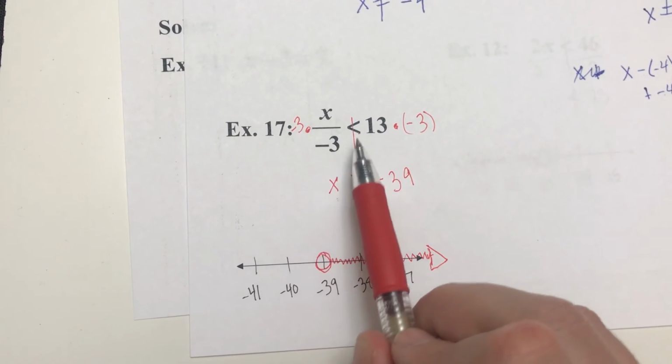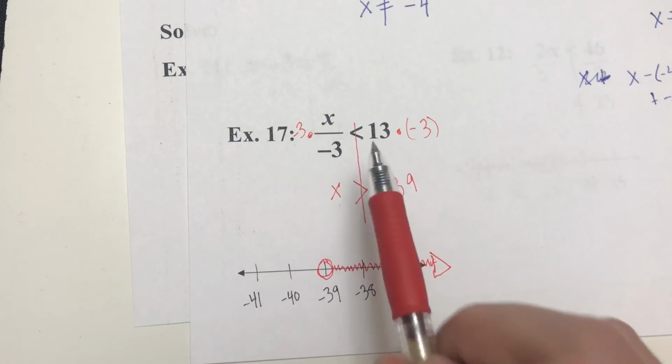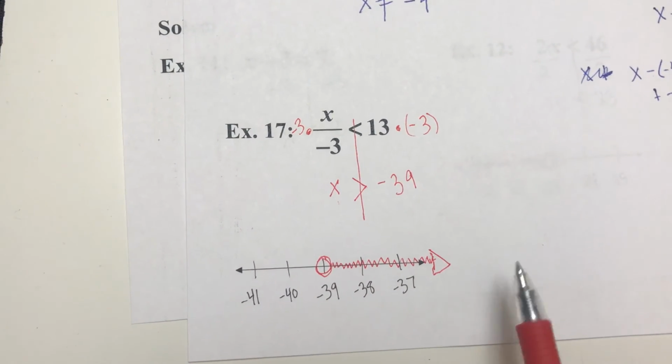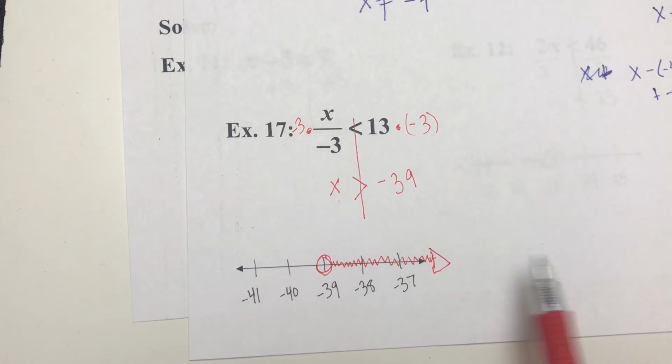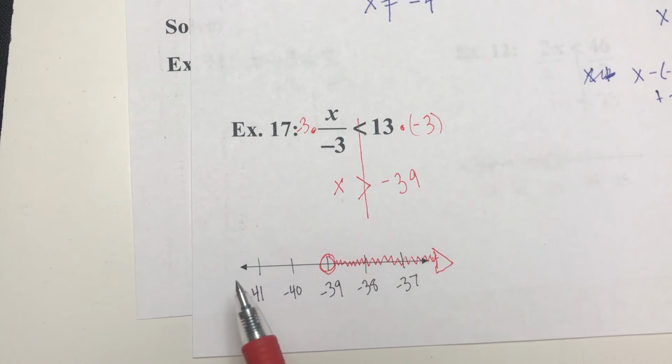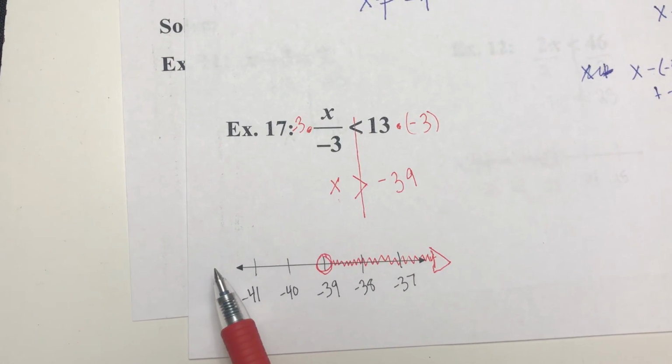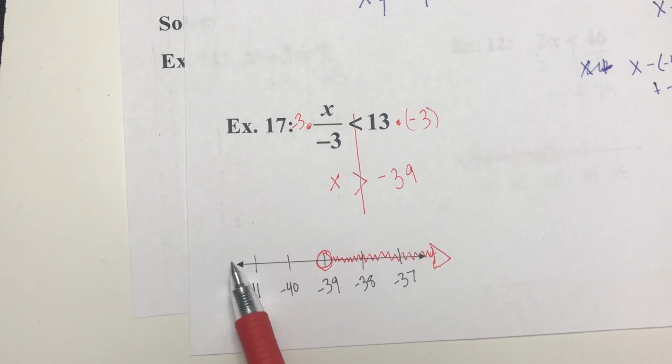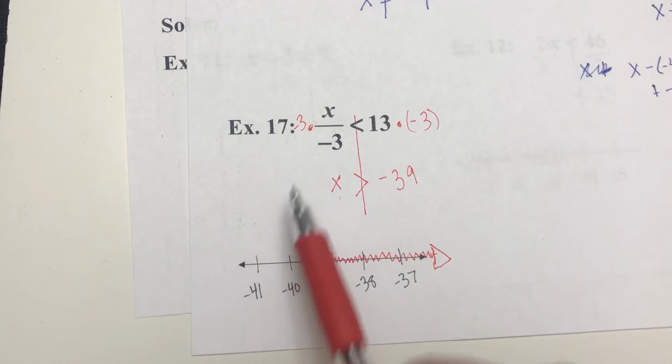Is positive 10 less than 13? Yes. So we know that this is the correct way for where these solutions should point. If we tried something, say, down on this side, say negative 42 right here.